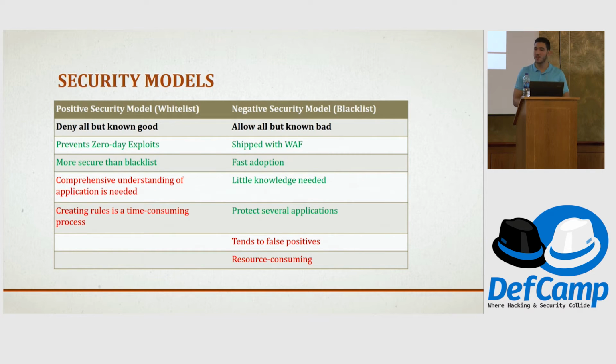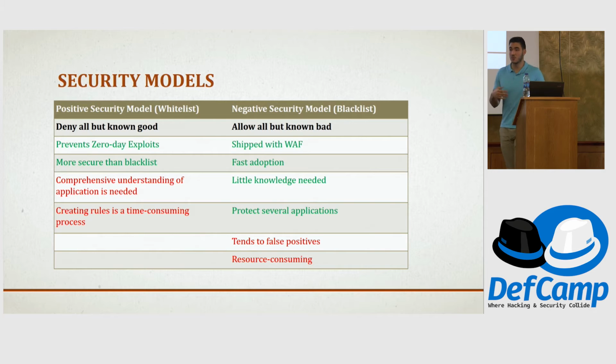The problem with the blacklist is that it tends to false positives. So if any one of you may have used ModSecurity with the standard blacklist rule set, you may have encountered several error pages where you were just using the application normally.